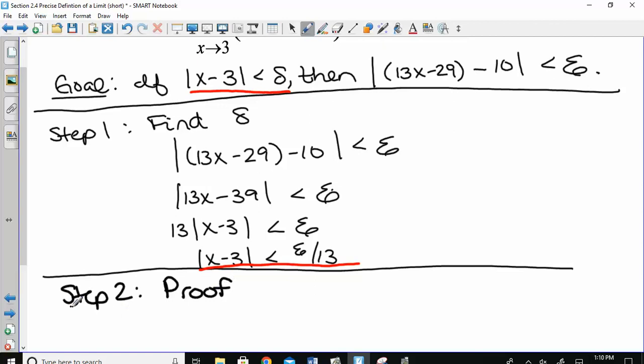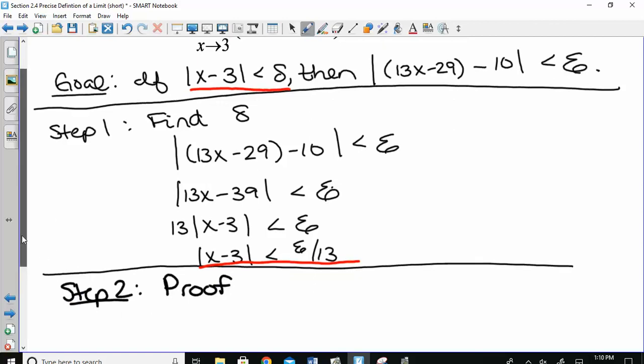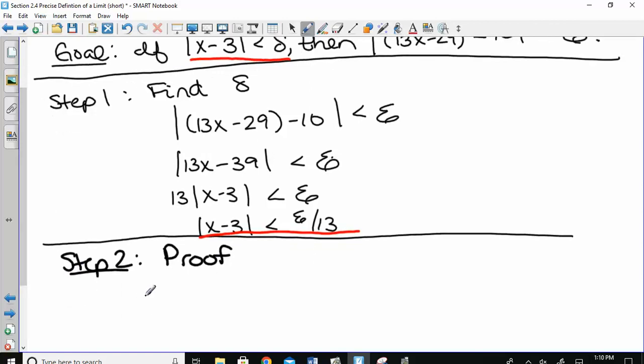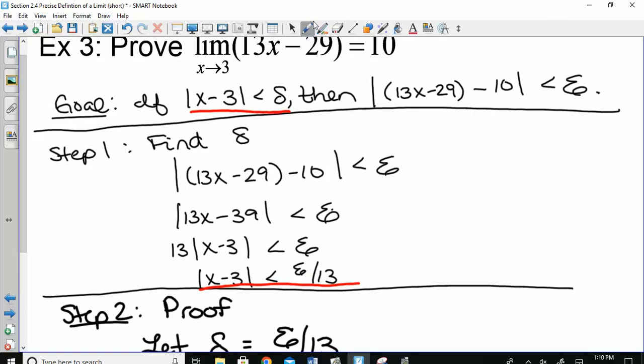So step 2 is the proof. You have to first tell me what delta equals. That's what we just found. What is my delta? What did we just find? Then we go to our definition.